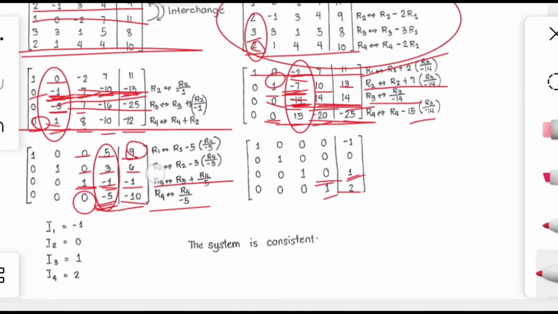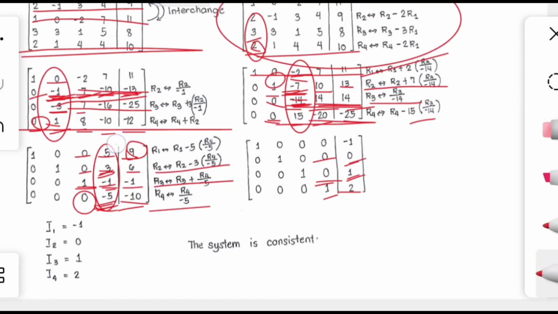Another one, for the row 2, we have r sub 2 minus 3 multiplied to r sub 4 over negative 5, since we have 3 here, and then we want it to be 0 for the next one. So we have 3 minus 3 multiplied to 1, we get the 0. And then 6 minus 3 multiplied to the 2, we get the 0 also.